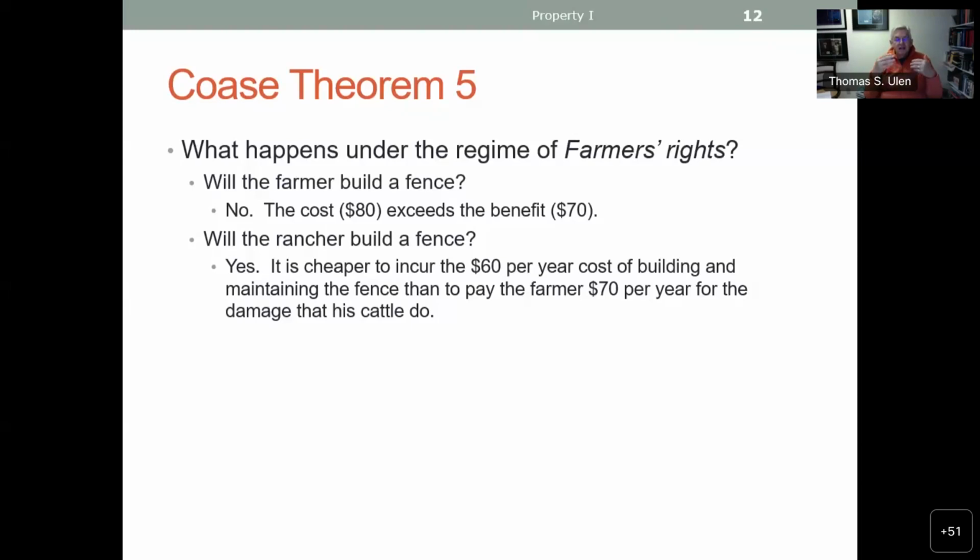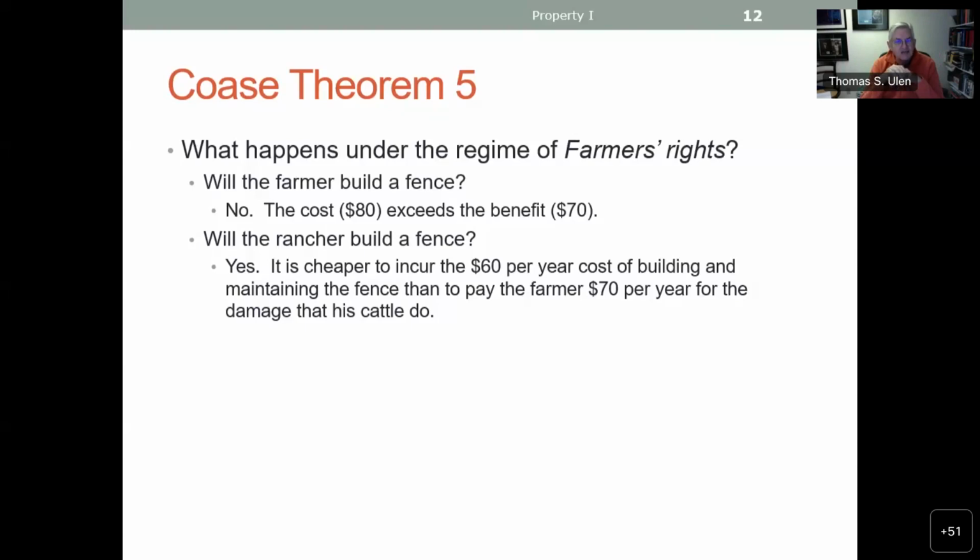So remember, we're trying to see that the efficient use of resources happens regardless of what the legal regime is. So to warn you about what to expect under a different legal regime, we're going to argue that it doesn't matter whether we have a regime of farmers' rights or one of ranchers' rights.